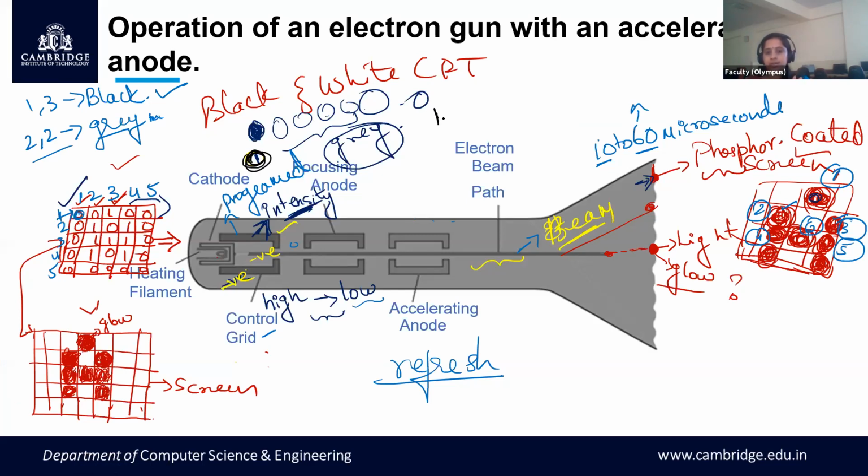If you want white, it is 1. In a monitor, if you want white, a light should be emitted. So that means it should be 1, high intensity. Is that clear? Yes, ma'am.